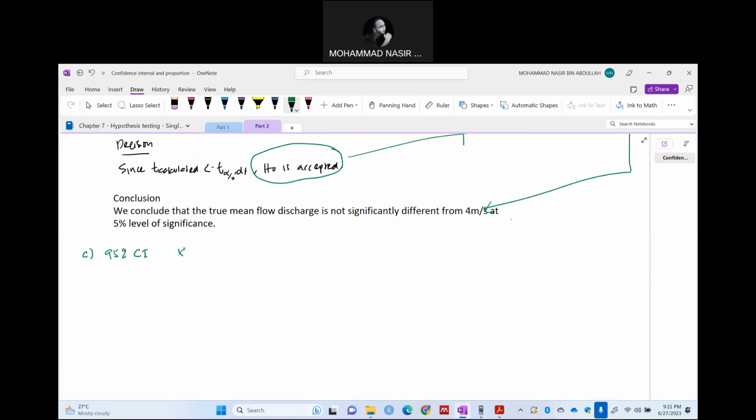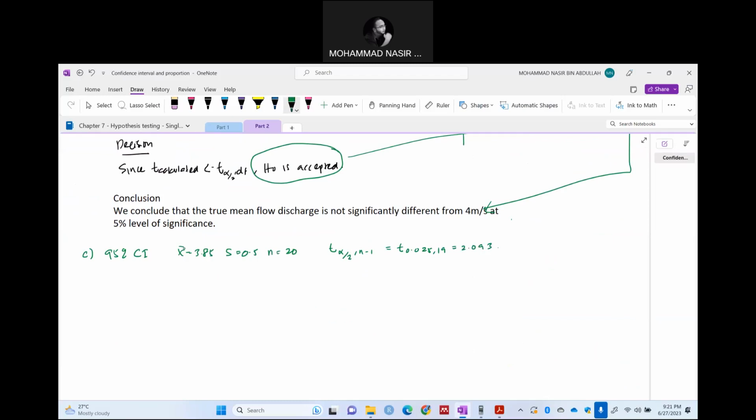We have X bar equal to 3.85, S equal to 0.5, n equal to 20. And t alpha divided by 2, n minus 1, t 0.025, 19 is equal to 2.093. You already calculated this one just now, right?